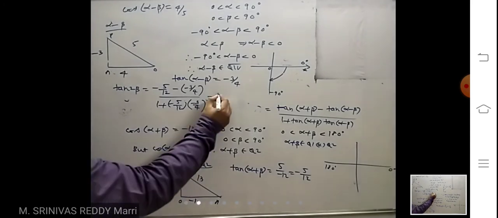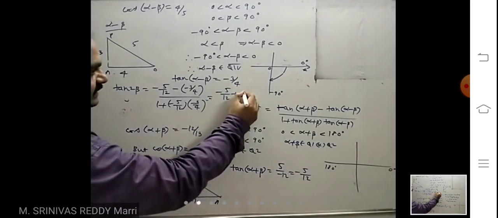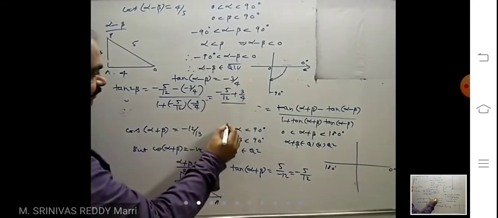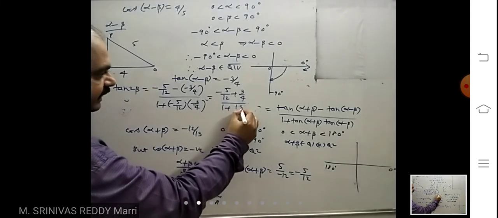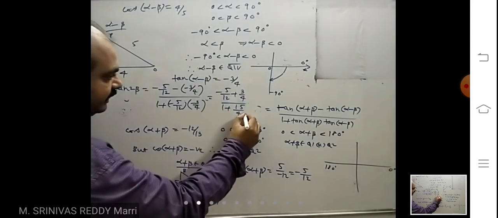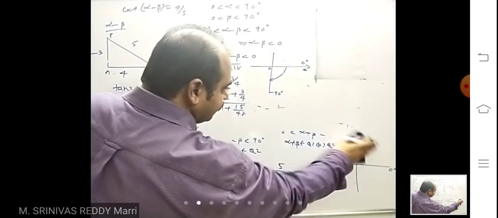Minus 3 by 4, that means you will get minus 5 by 12 plus 3 by 4 divided by 1 plus 15 divided by 48. Now take the LCM.